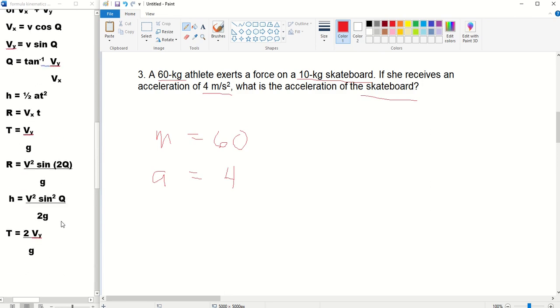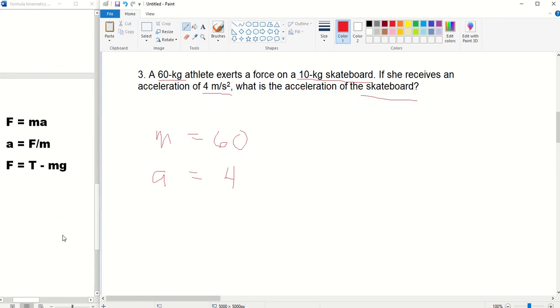So, ang formula natin for acceleration is always lang ganyan, force over mass. So, since meron tayong m, 60, and 4, and then since ito na acceleration nung athlete, 4 meters per squared second, hindi kasama yung skateboard, kunin muna natin yung force na na-exert nung babae o nung athlete.